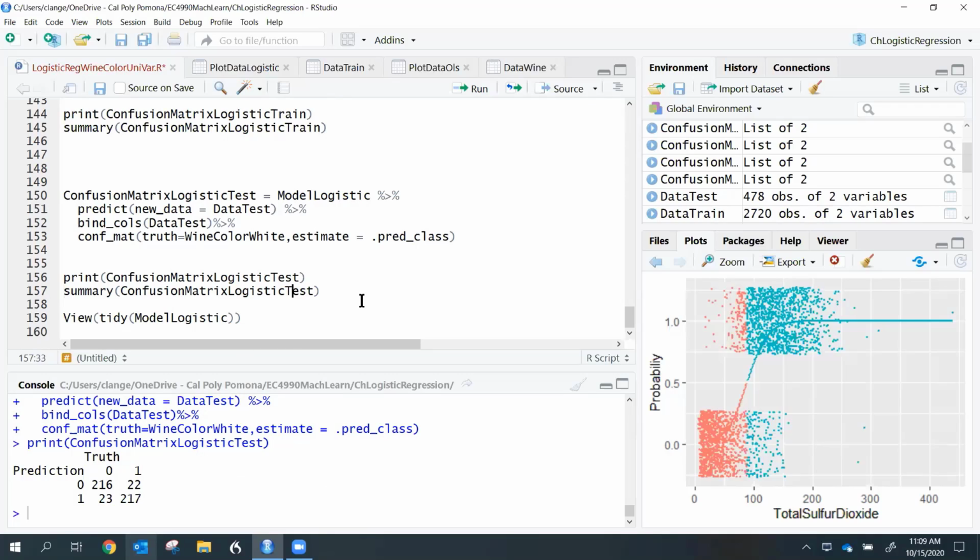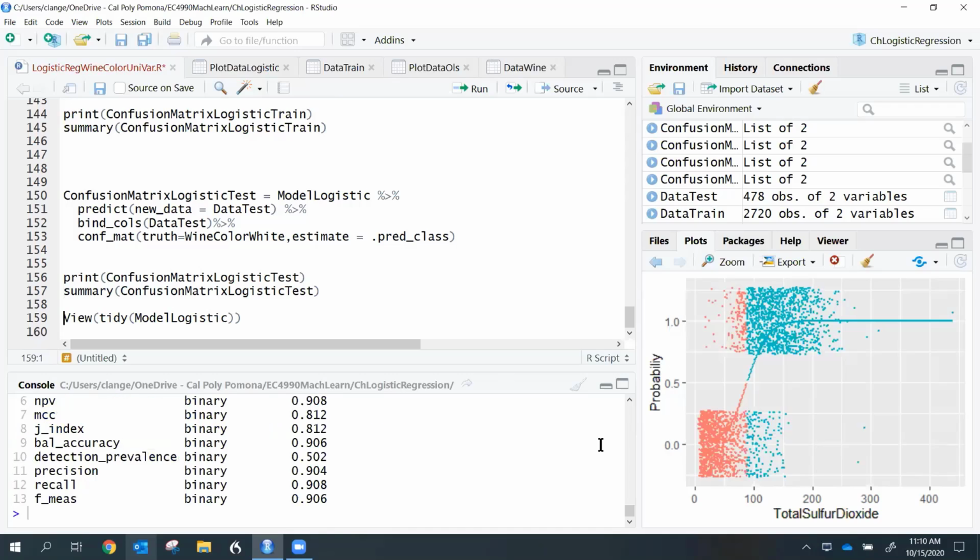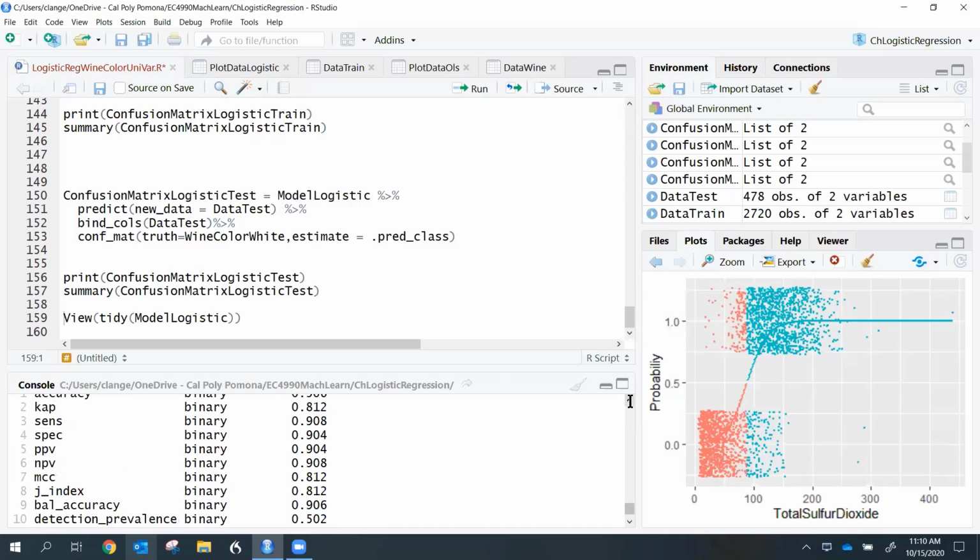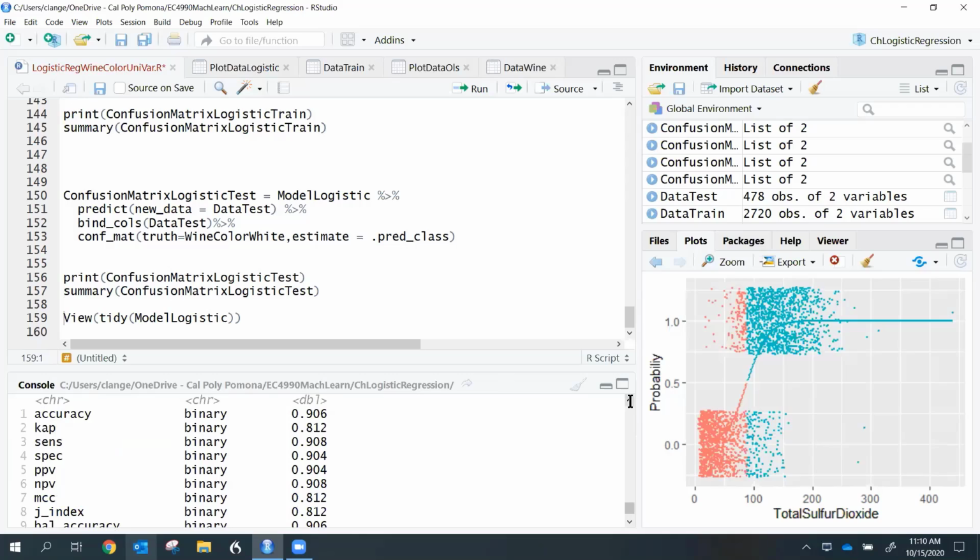And if you look at the data, we can see we have an accuracy here of 90%. So 90% of all 478 wines were predicted correctly. From the white wines, which was our positive class, we predicted 90.8% correctly.